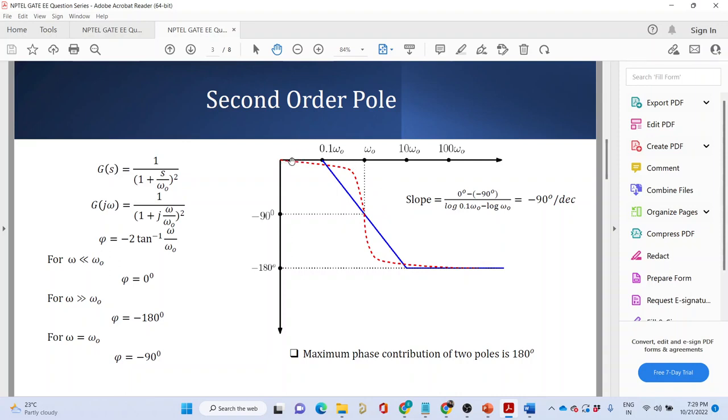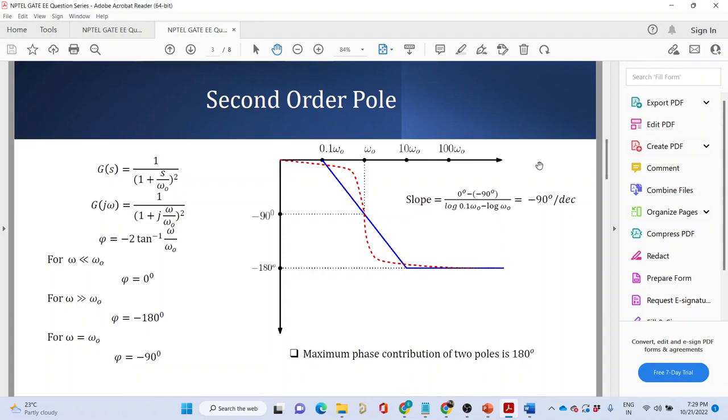You excite the system with, say, a function generator, and you set the frequency to very low values. Imagine this is a magnitude plot, do not think that this is a phase plot as of now. I set the excitation frequency to very low values, find what magnitude we are getting at the output, and plot that on the semi-log graph paper.